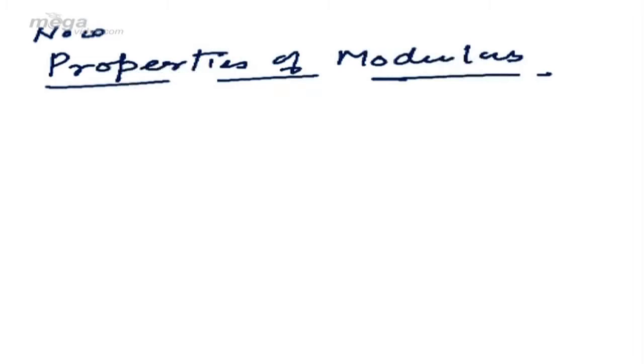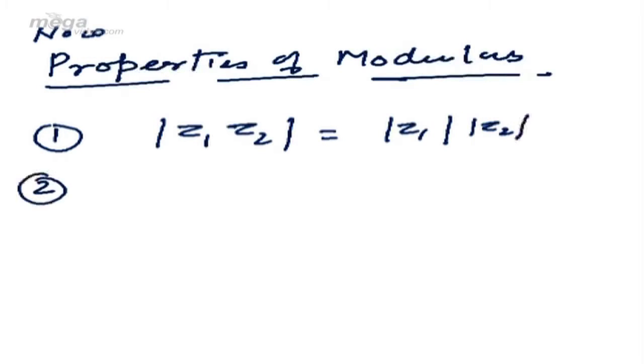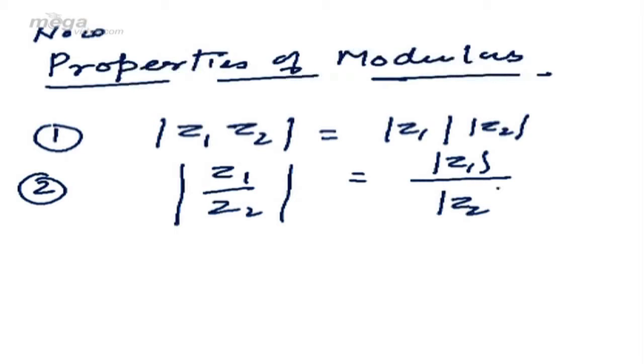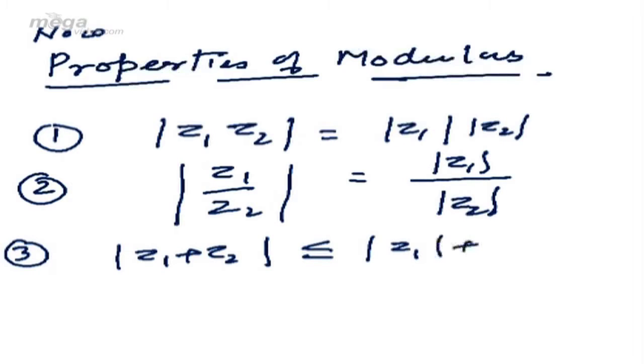Now, properties of modulus. There are 4 properties of modulus. First one is mod of z1 into z2 is equal to mod of z1 into mod of z2. Second one is z1 by z2 whole mod will be defined as mod of z1 by mod of z2. Third one is mod of z1 plus z2 always be less than or equal to mod of z1 plus mod of z2.